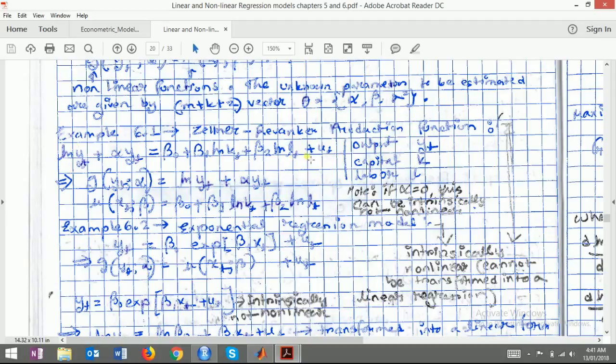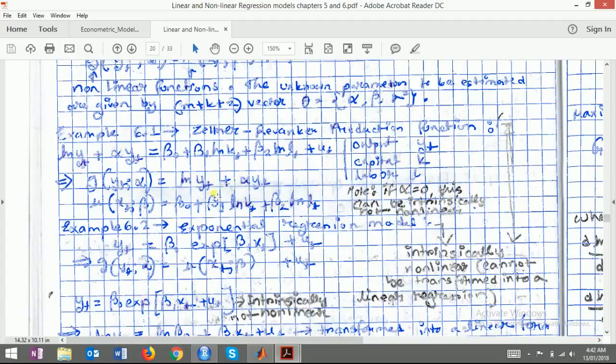We can represent this production function with the typical form. Instead of writing log of yt plus alpha yt on the left hand side, we can simply write g(yt, alpha), and instead of writing beta naught plus beta 1 log of kt plus beta 2 log of lt on the right hand side, we can write mu(xt, beta).